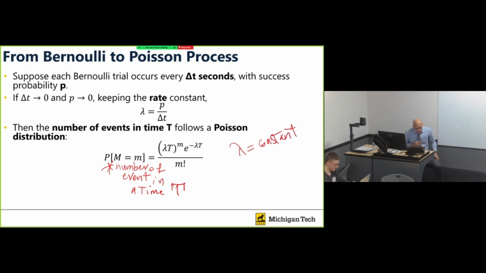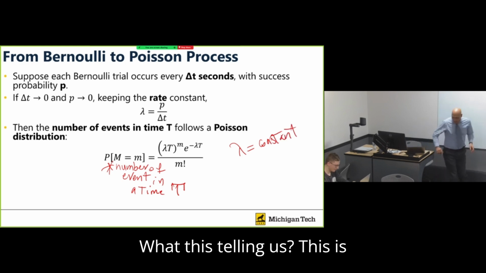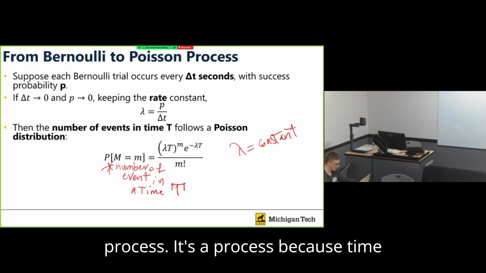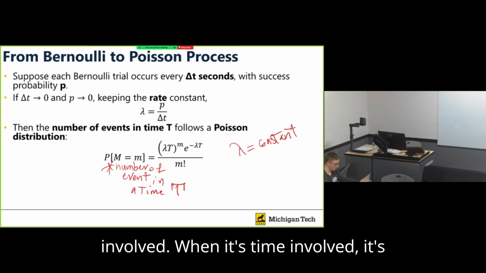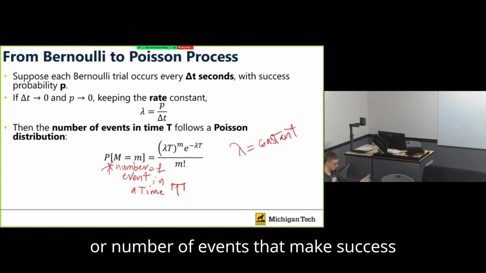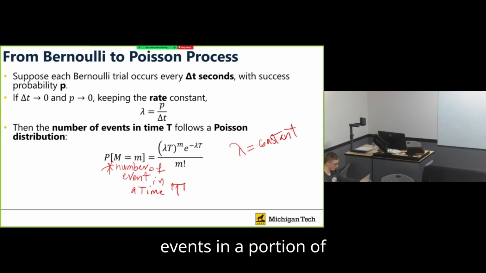This is called the Poisson distribution or Poisson process. It's a process because time is involved. When time is involved, it's Poisson. We want to see the number of successes, or number of events that make success events, in a portion of t.